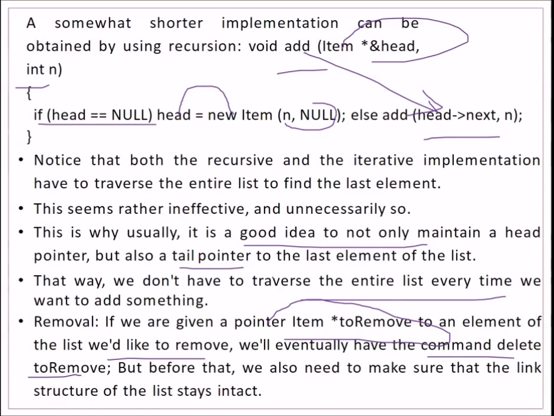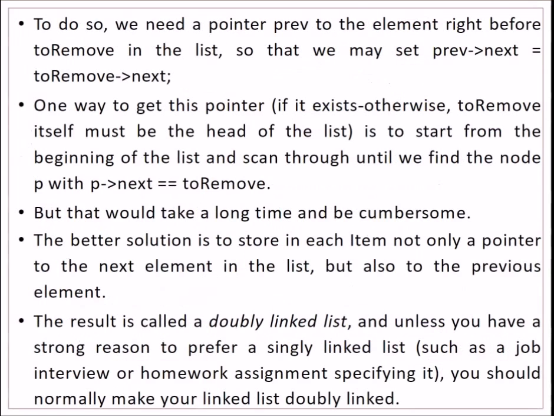But before that, we also need to make sure that the link structure of the list stays intact, which means that after this removal, the list should still be a linked list. So we need a pointer previous to the element right before the one to remove in the list, so that we may set previous next to remove next.